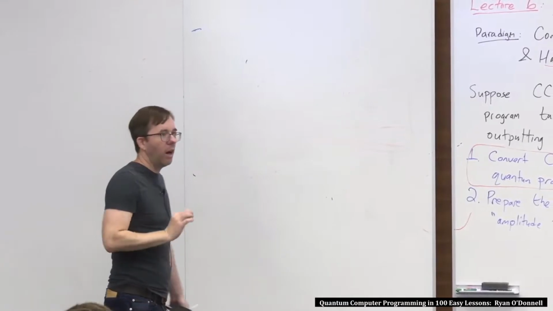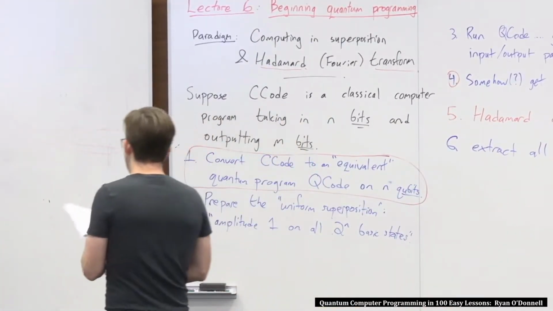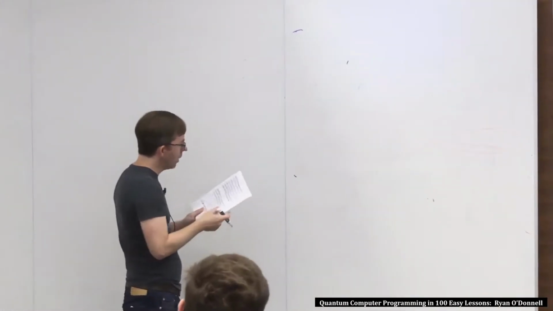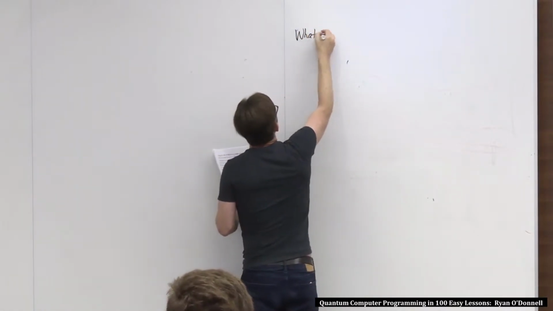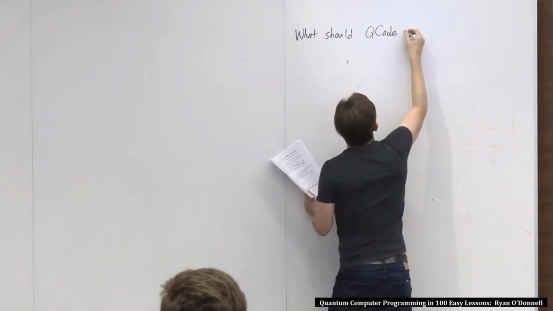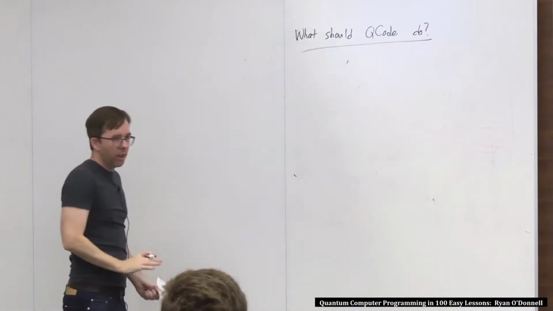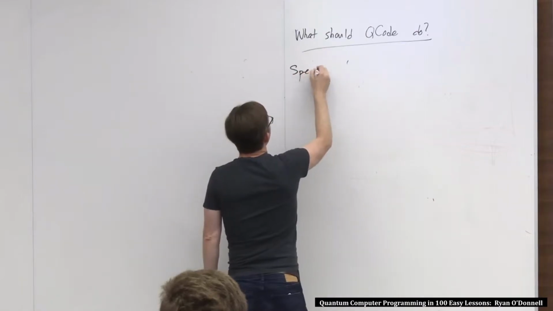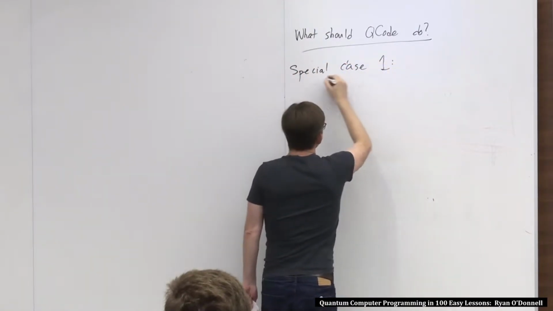But before I give you that, I'll give you some special cases that are maybe easier to think about, and sometimes it'll be important to use them. So we're trying to answer the question in general: what should QCode do? Not even how should we do it, but just what is it supposed to do? So let's do special case 1, which rarely comes up, but occasionally does.